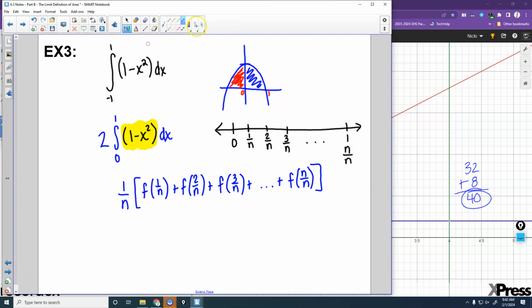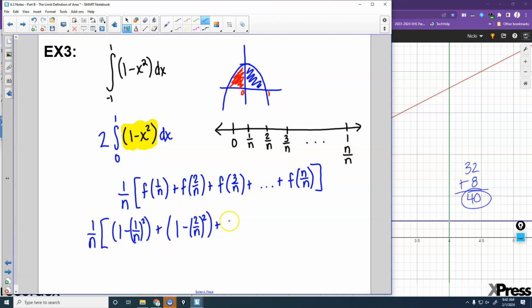All right. So then I like to plug this in. I've got 1 over n, and I've got 1 minus 1 over n squared plus 1 minus 2 over n squared plus 1 minus 3 over n squared plus dot, dot, dot, 1 minus n over n squared.